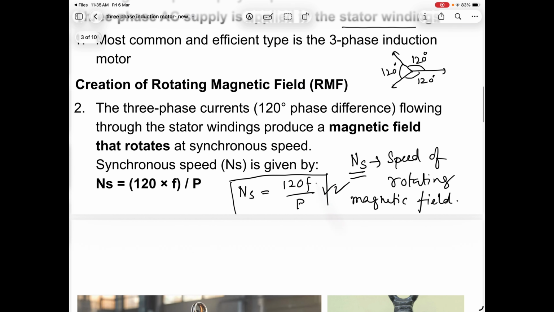If you know the frequency and poles, you can directly calculate the synchronous speed. If you know this formula, you can calculate the synchronous speed or poles or frequency.